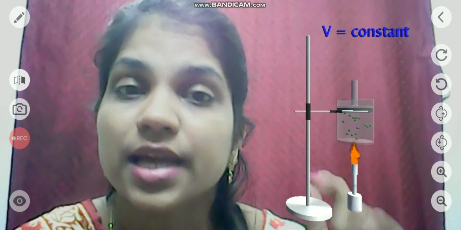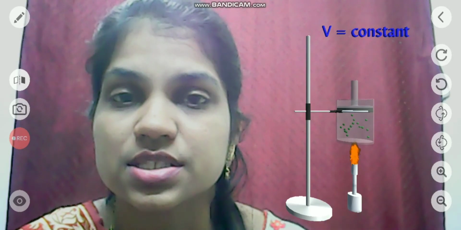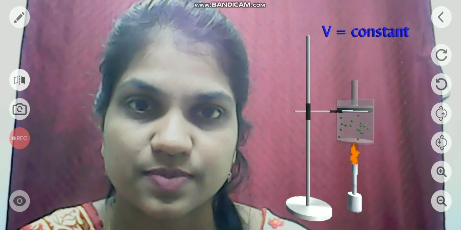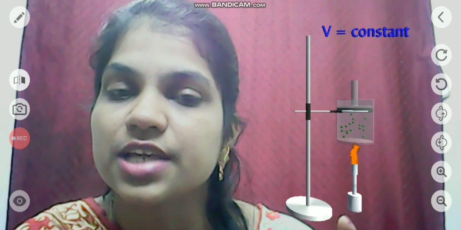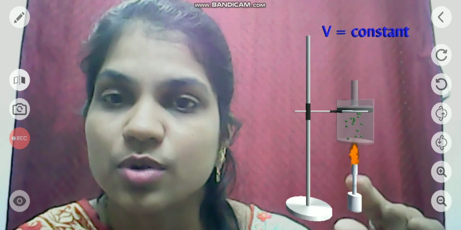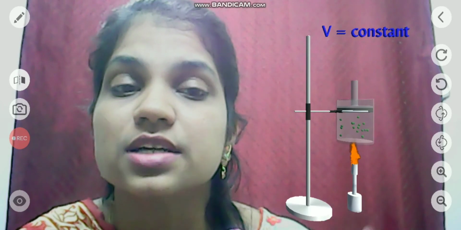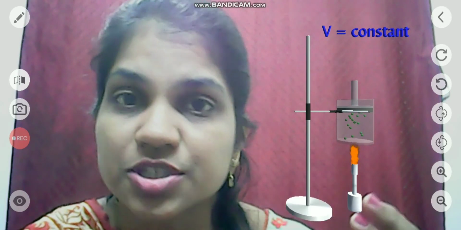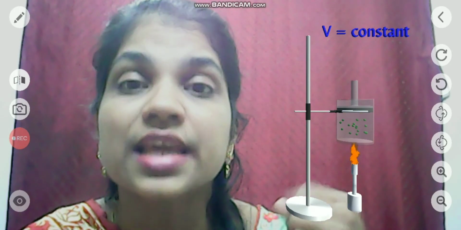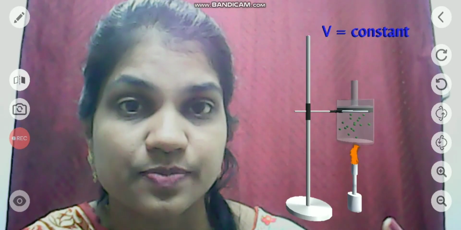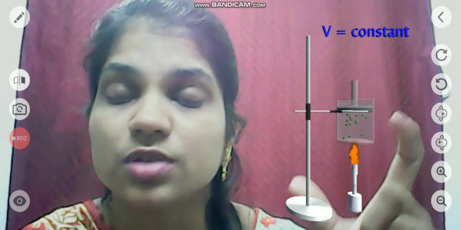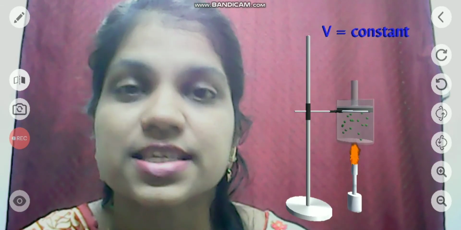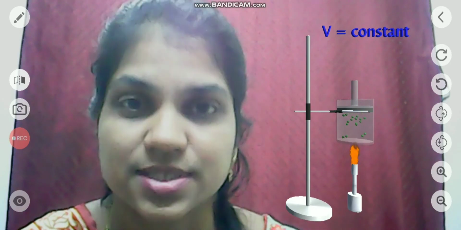But here the temperature changes, the pressure also changes, the heat energy also changes. Heat energy is being supplied at the bottom so that there is a change in temperature of the gas molecules, a change in the pressure, and a change in heat energy of the gas. But the volume remains constant, and this is called the isochoric process.